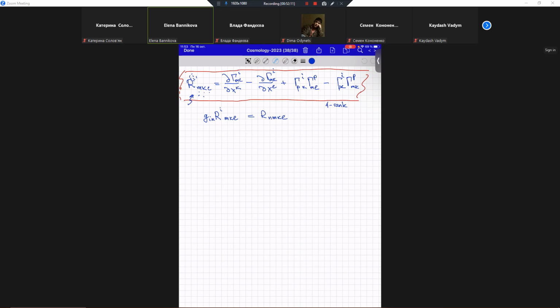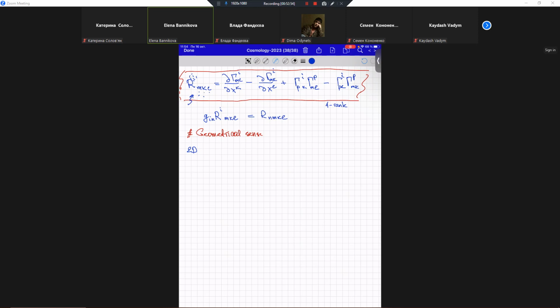About the geometrical sense. Why is it like this? We can consider this on an example of a much more simple space. So consider a two-dimensional space, and the simplest curved two-dimensional space is of course a sphere.